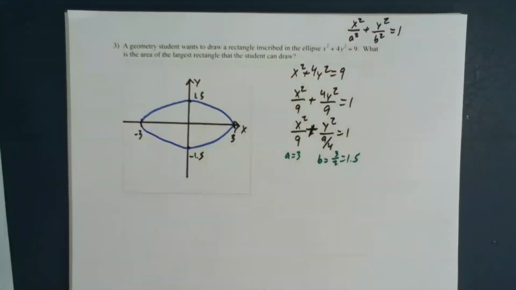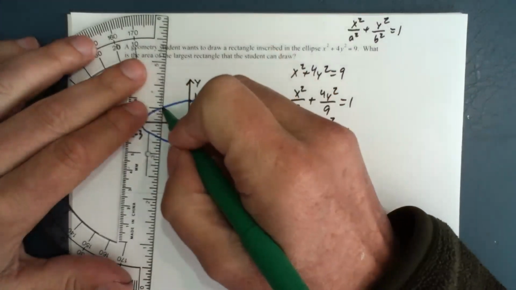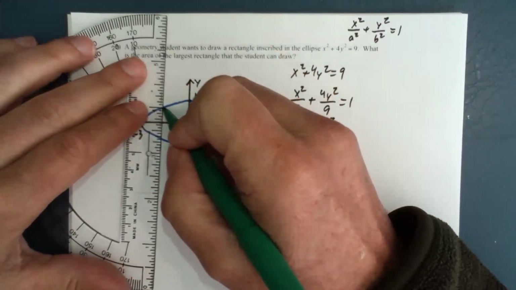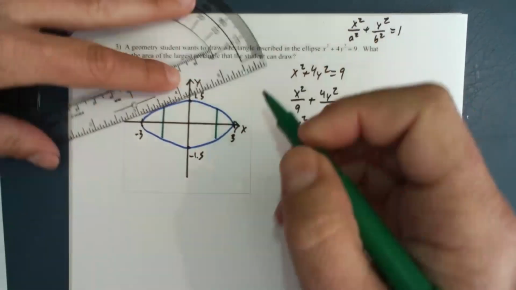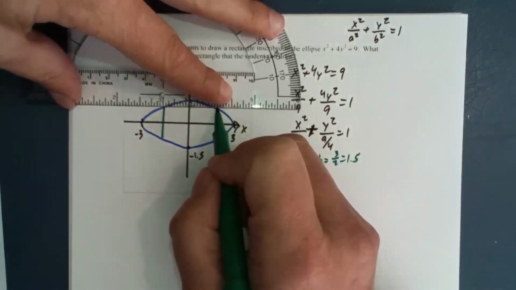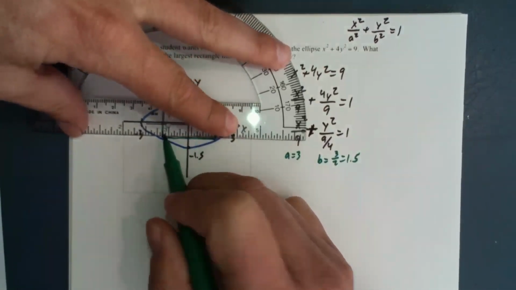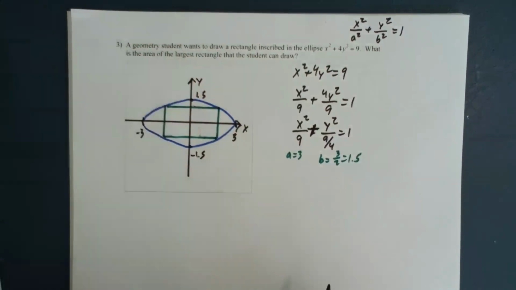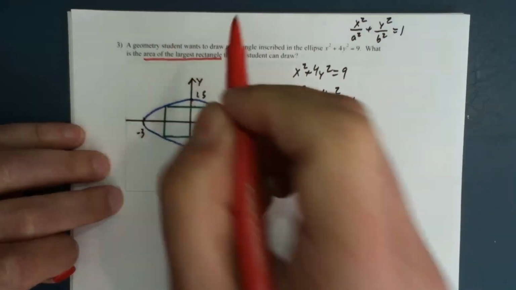What we're trying to do is optimize the rectangle of the largest area. Once again, we're trying to maximize the area of a rectangle.